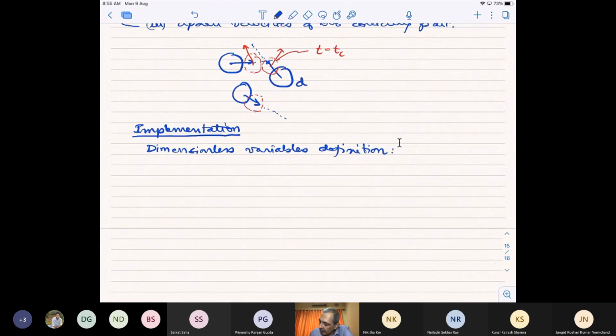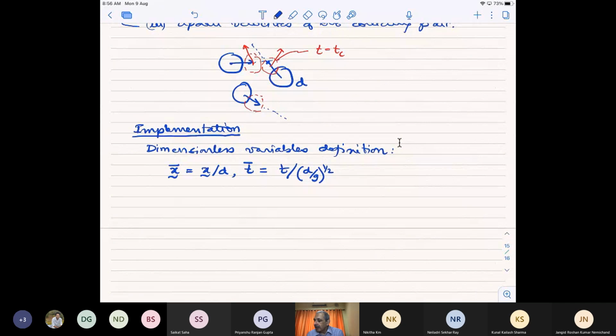Then let's make all distances dimensionless. So the dimensionless variable is x bar, let's make that x divided by d. Then let's define t bar, dimensionless time, to be the time divided by a characteristic time that is dependent on d and g, where g is the acceleration due to gravity.